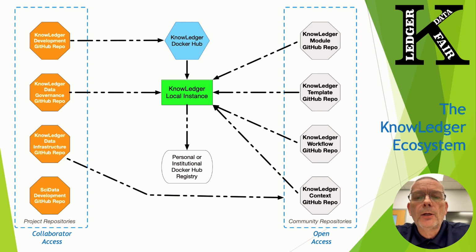And then finally, once the specifications of what we need for a module are defined, then we can actually use the repository as a way to allow the research community to develop versions of modules that can then be made available in the KnowLedger software.